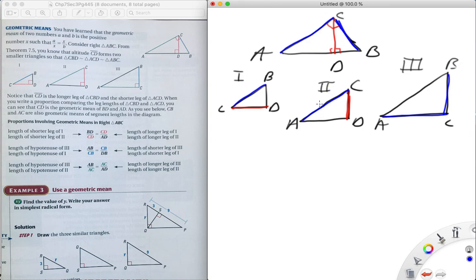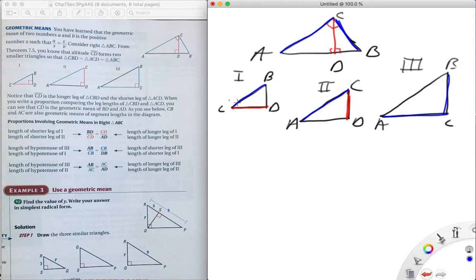The ones in blue and red are things that they share. If we look from the small triangle to the medium triangle, they both share CD. The long leg of the short triangle is the same thing as the short leg of the long triangle. The big triangle shares characteristics with both of these.